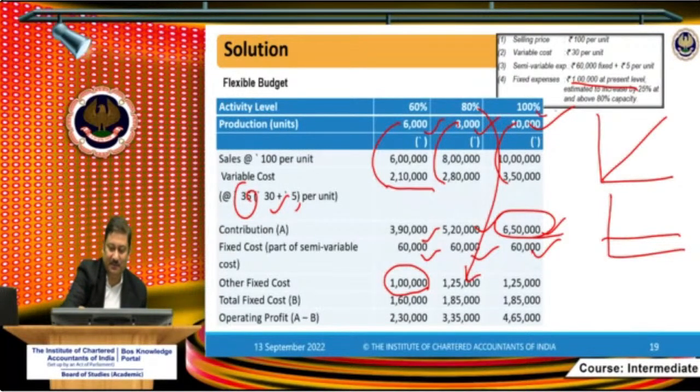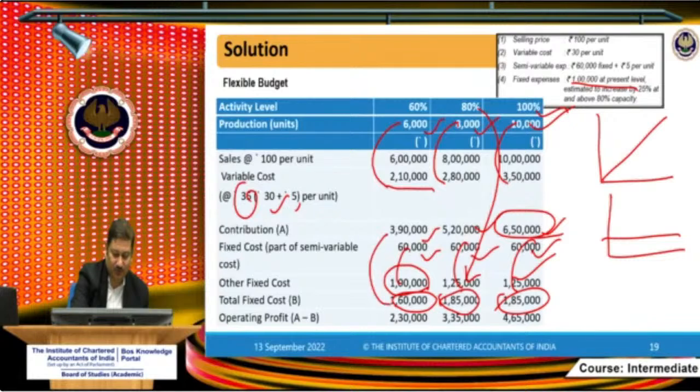Similarly, for 100% also it will be 1 lakh 25,000. So total fixed cost will be 1 lakh 60, 1 lakh 85 and 1 lakh 85. This is the total cost. Now contribution minus total fixed cost will be your profit.